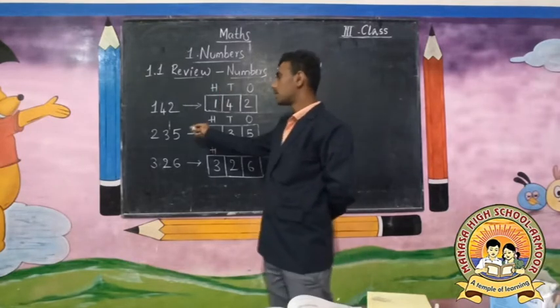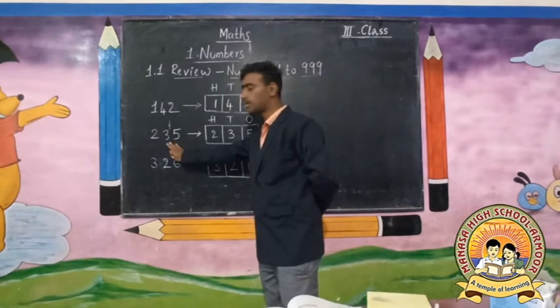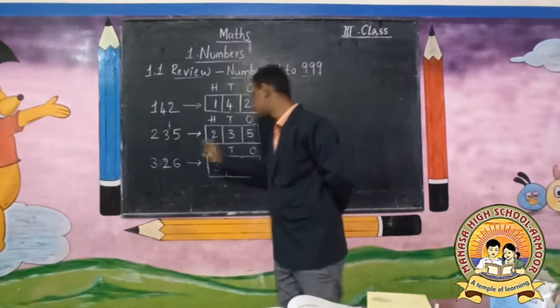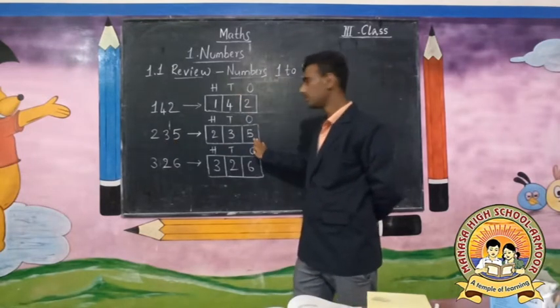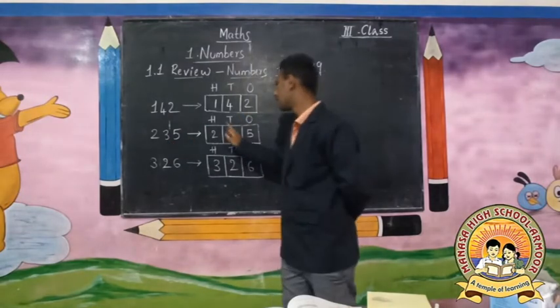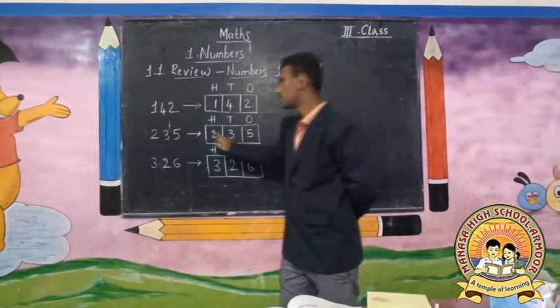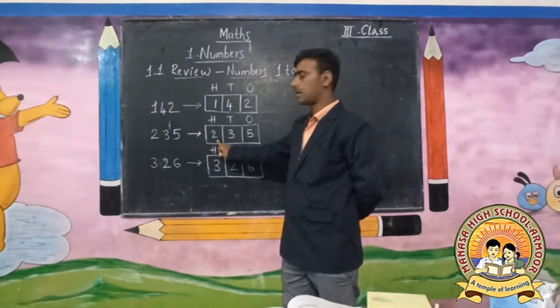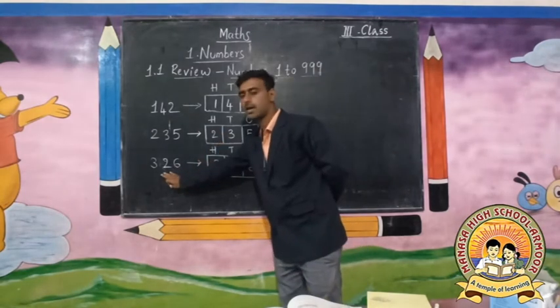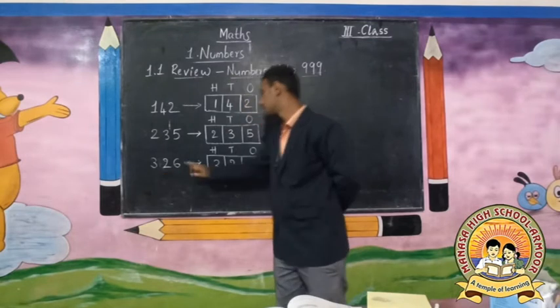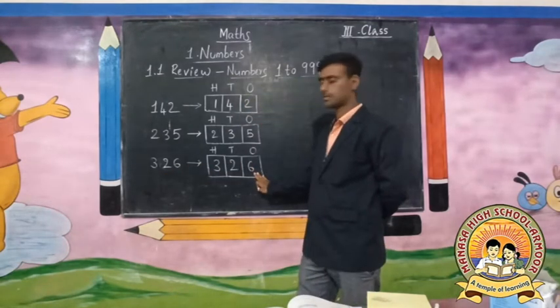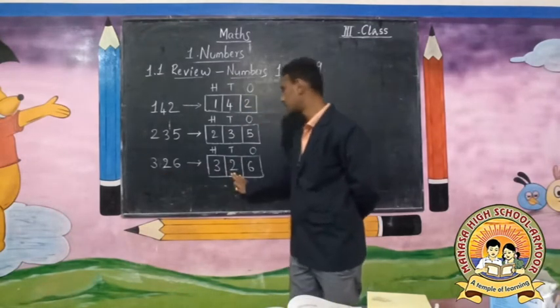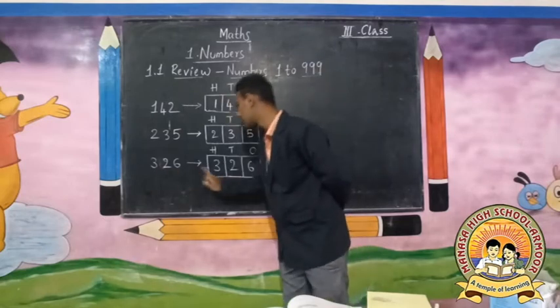Let us see another example. 235. 5 is ones place, 3 is in tens place, 2 is in hundred place. Let us see another example. 326. 6 in ones place, 2 in tens place, and this 3 in hundred place.